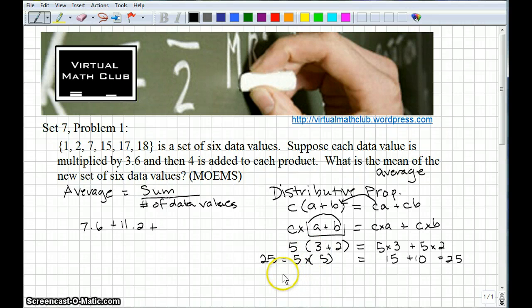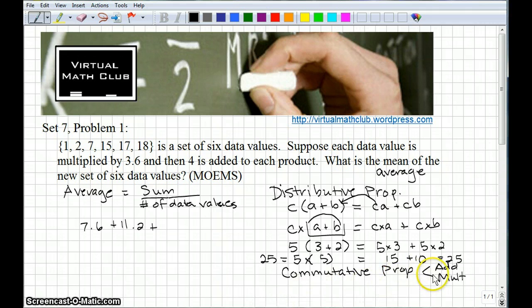And the other property I want you to look at is the commutative property. There's a commutative property for addition, and there's also a commutative property for multiplication.